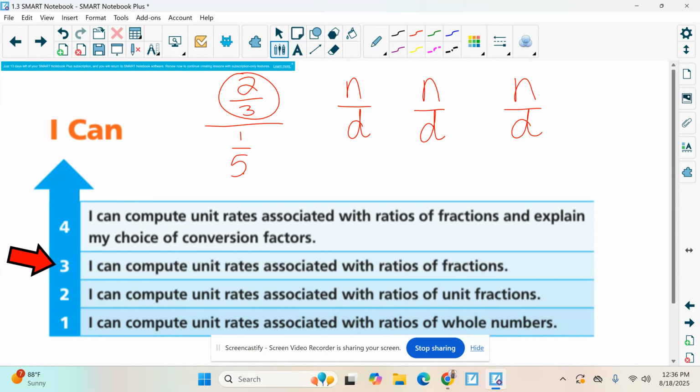Alright? Hit enter. What do we get? I got 10/3. I got 10/3. You didn't do it right. If you're getting 2/15, you're not punching in correctly.